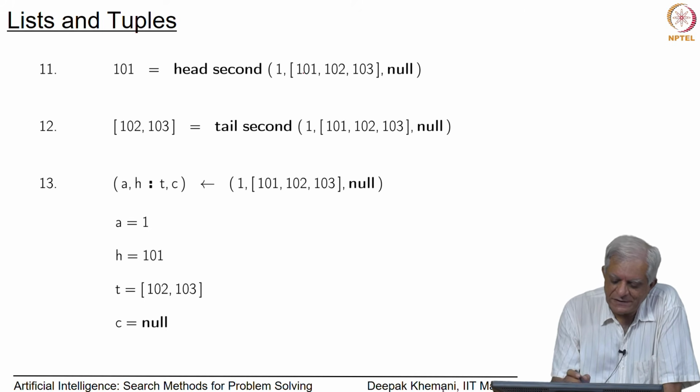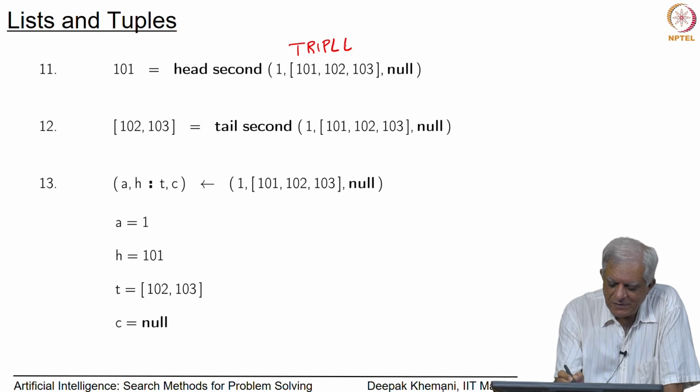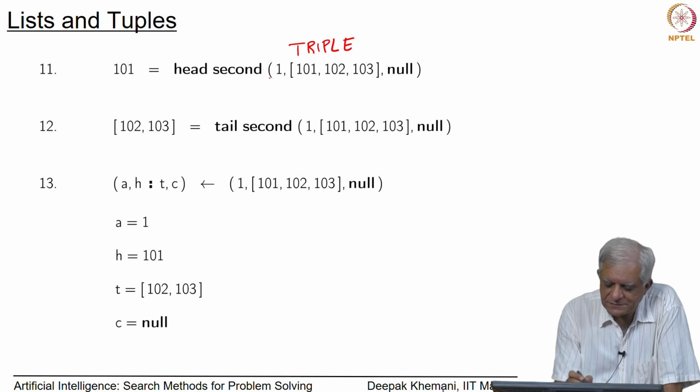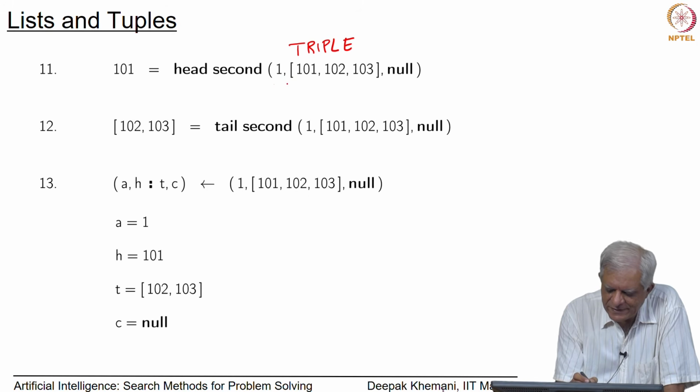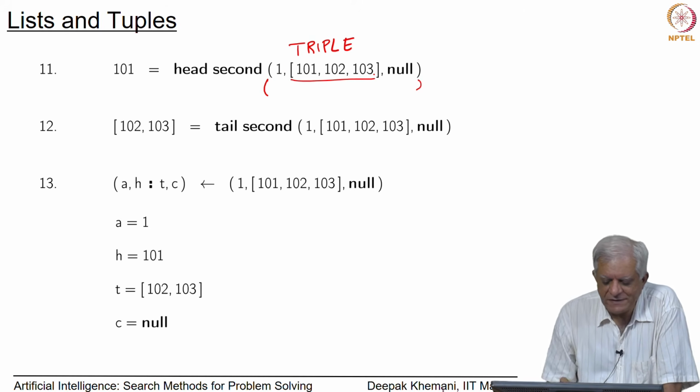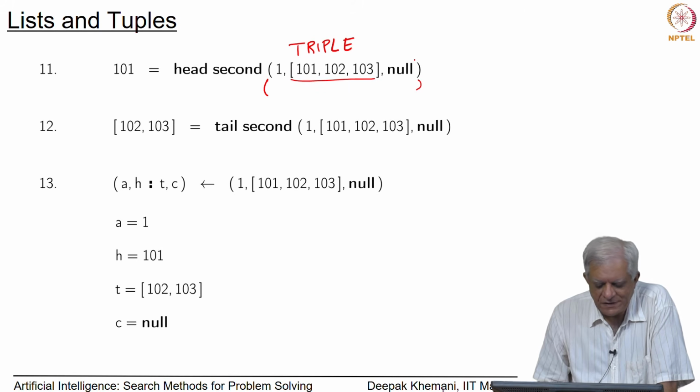We have a triple, because it has 3 elements inside this pair of brackets, which represents the triple. The first element is just an element, the second element is a list containing 3 elements, and the third element is a constant called null.